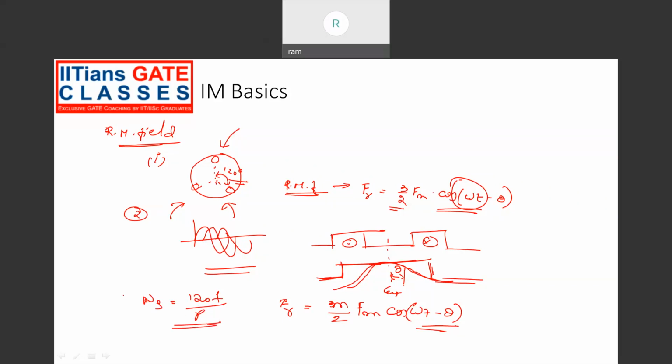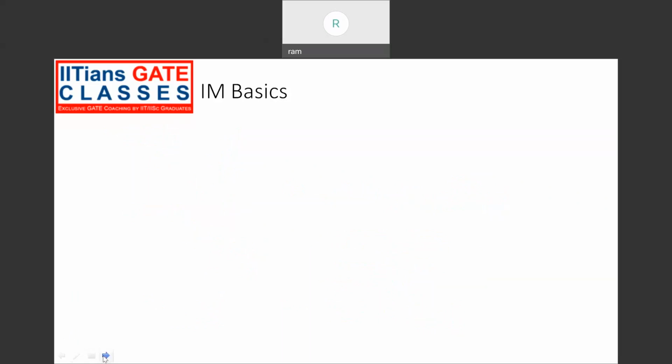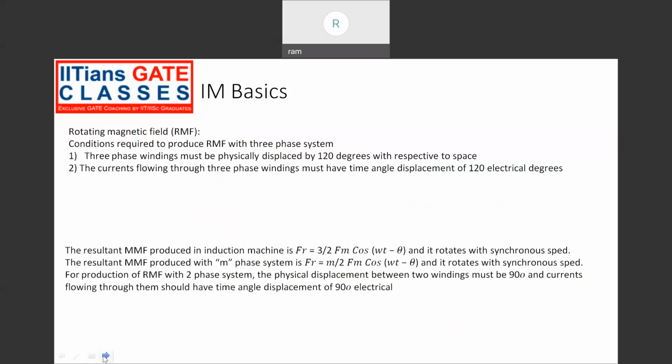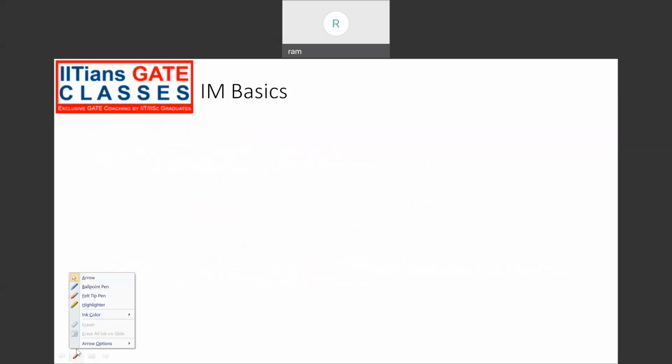And let's go to the next slide where we'll be talking about the construction of an induction machine. So this is what we have discussed in the earlier slide. Based on the construction of a rotor, machines are classified into two types.